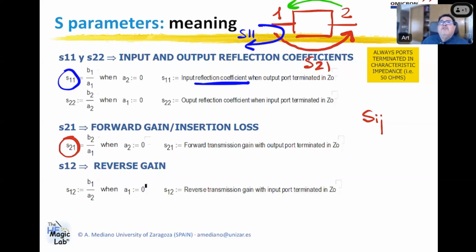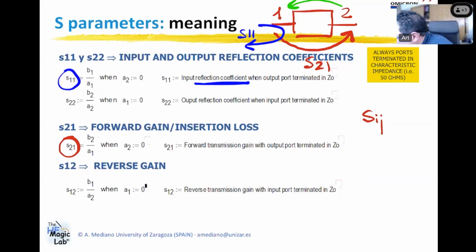S12 in a symmetrical filter will be the same as S21 if you terminate in the same impedances, but for example, in one amplifier, S21 can be very high, but S12, the possibility to pass energy from 2 to 1, must not be easy to obtain.